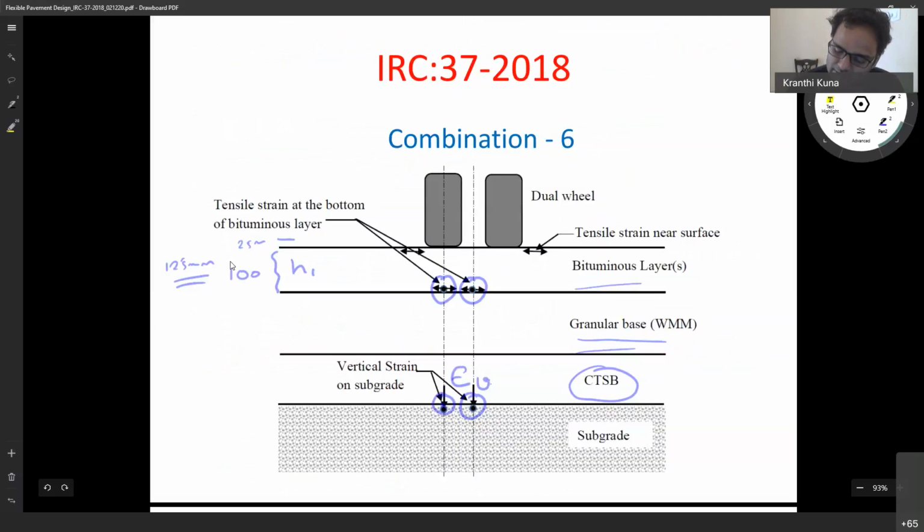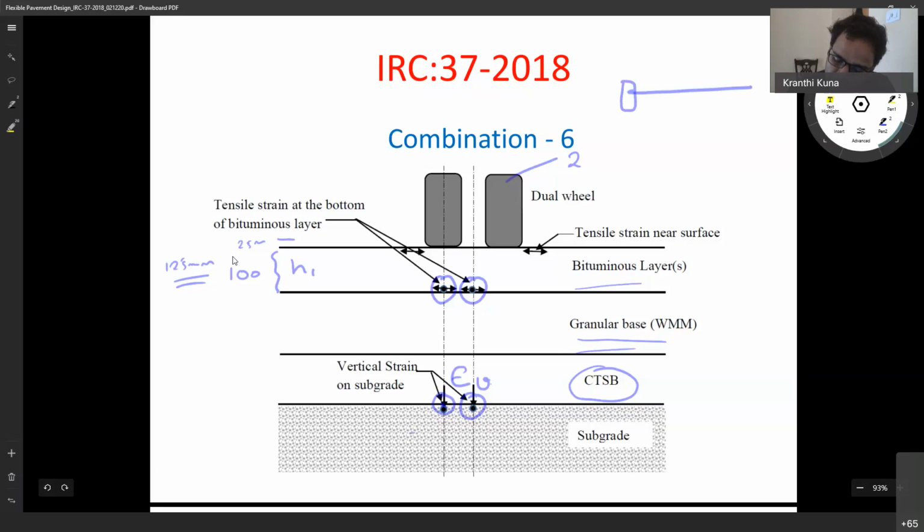When you run the analysis in linear elastic layer theory, which is the software that does it, you place a standard wheel. What is a standard wheel? Remember, although our standard load is a standard axle, the analysis we run is for a standard wheel.